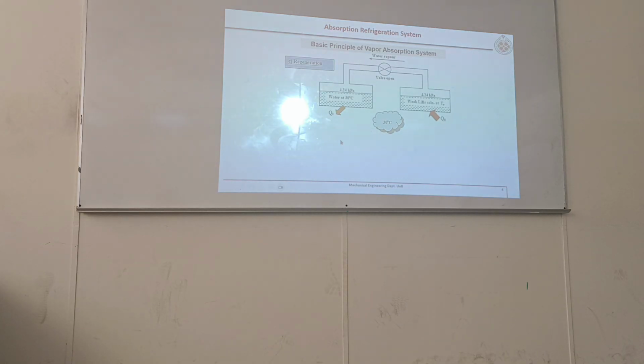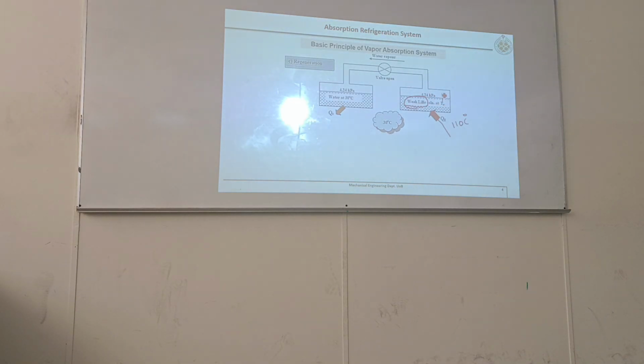Now regeneration. Now you are supplying heat to this weak lithium bromide solution. When you supply heat, water will start to evaporate. Vapor pressure will rise because you are supplying heat at a higher temperature, for example, more than about 110 degrees Celsius, so that only water will evaporate, but water will evaporate at a high temperature.